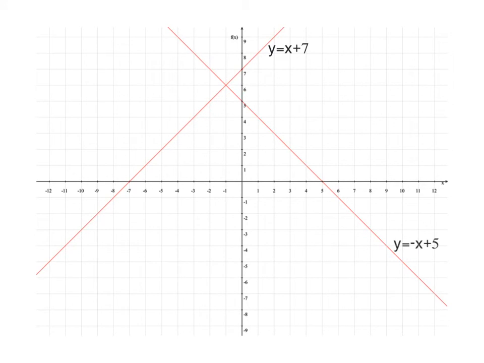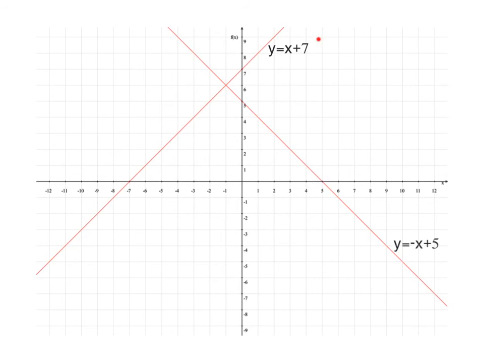The plus 5 is the c part, so that means this line crosses the y-axis at 5. It's got a gradient of minus 1, so it's going down, and every time it goes 1 across, 1 down, 1 across, 1 down, 1 across, 1 down. That's the quick way to plot this line.